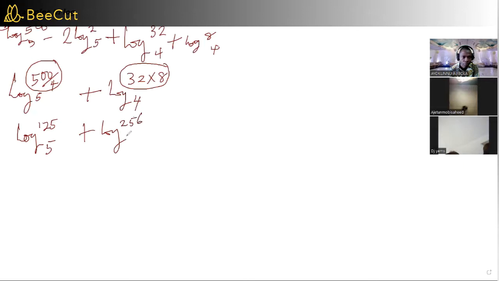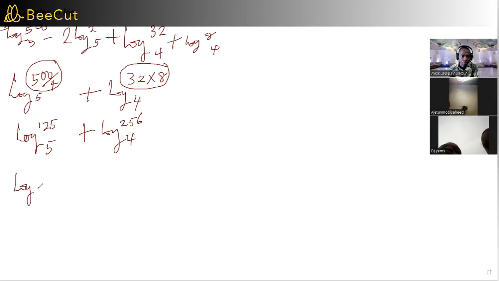So I have log 256 base 4. Now, we have 5 being a factor of 125, and we have 4 being a factor of 256. So 5 raised to power what will give me 125? That's 5 raised to power 3.